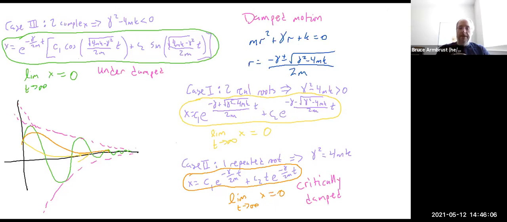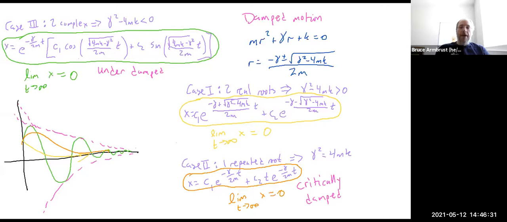It's the place where we transition from one to the other, right? So critically damped is where we're no longer going to get the oscillation.